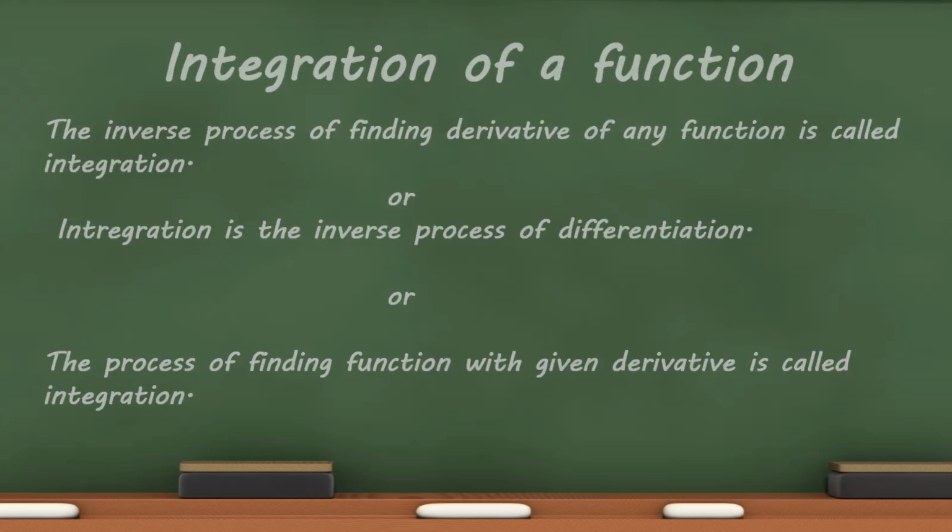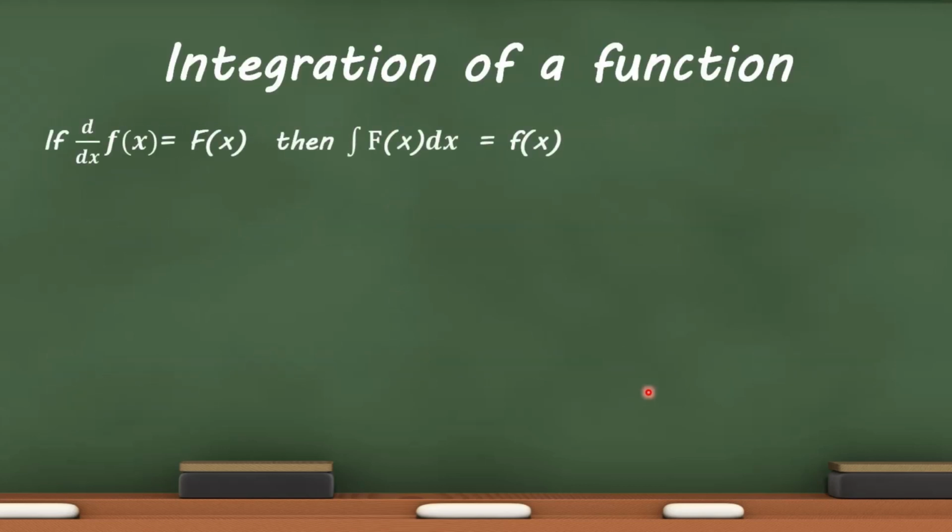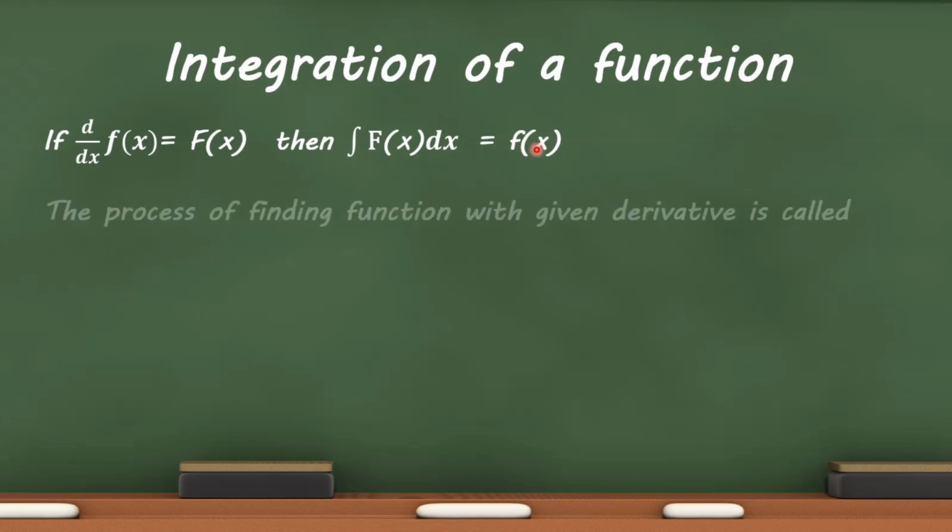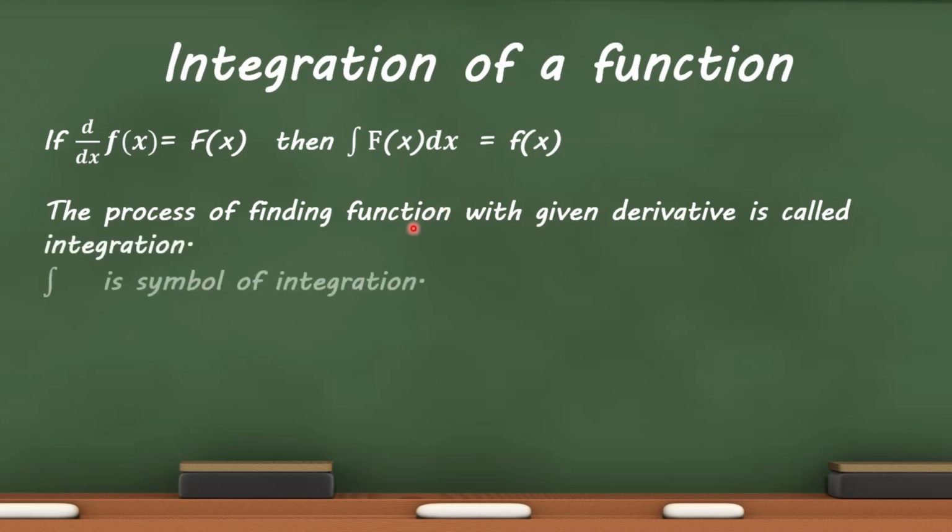Then next, if d/dx of F(x) is given as f(x), meaning the derivative of a function is given as f(x), then we can write the integration of f(x) dx equal to F(x). The symbol used here is the symbol of integration.